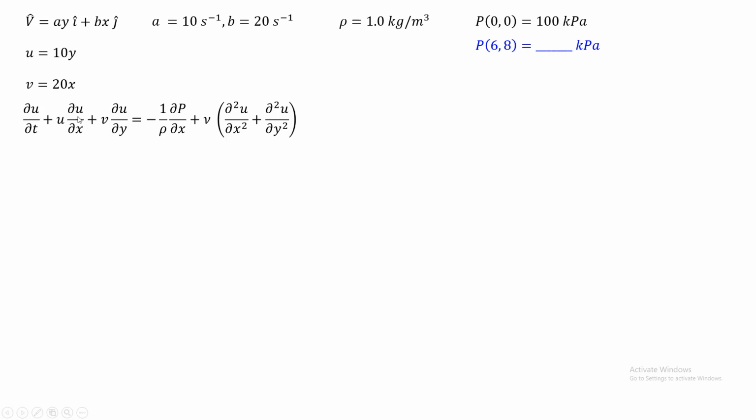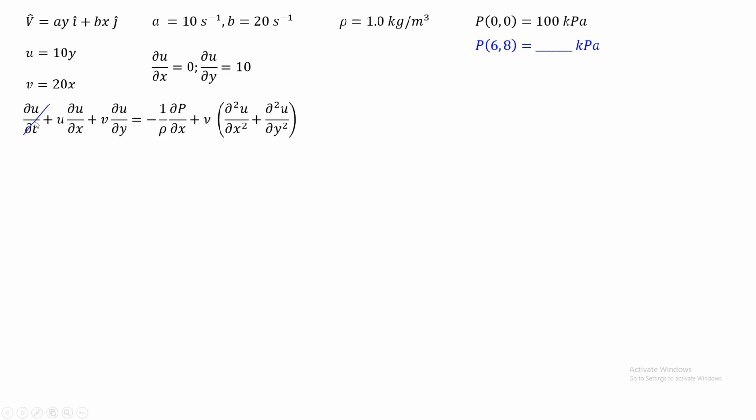Let's find dou u by dou x. If we differentiate u with respect to x, that will become 0, and if we differentiate u with respect to y, that will give us 10, right? Now let's substitute that in the equation. Since we have constant values in the first derivatives, all of their second derivatives will become 0, because the differentiation of a constant is 0.